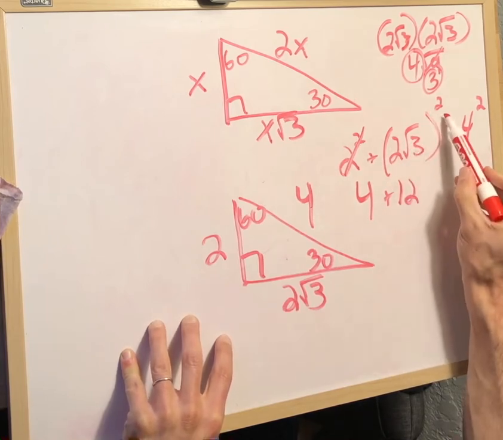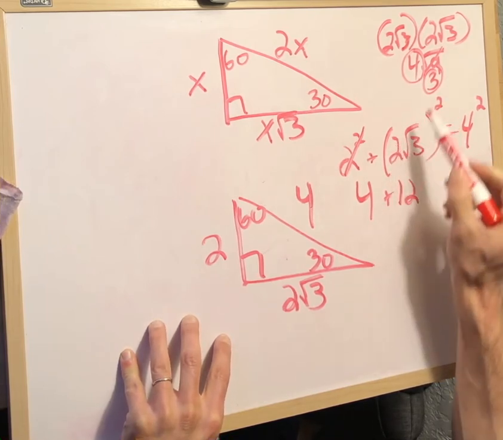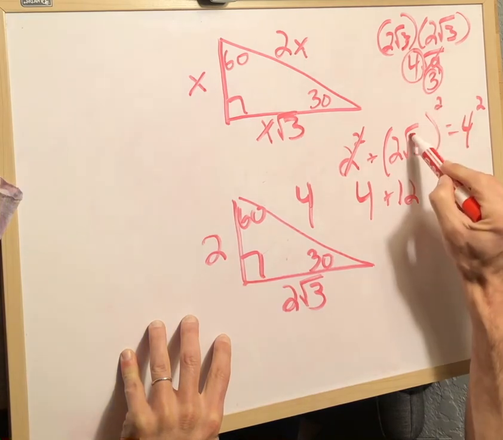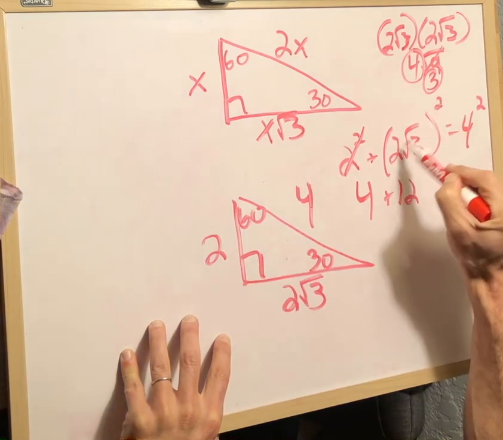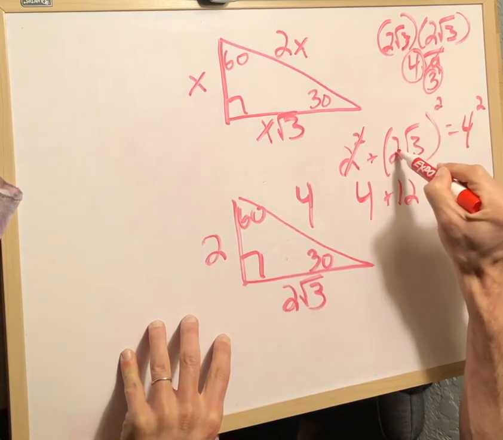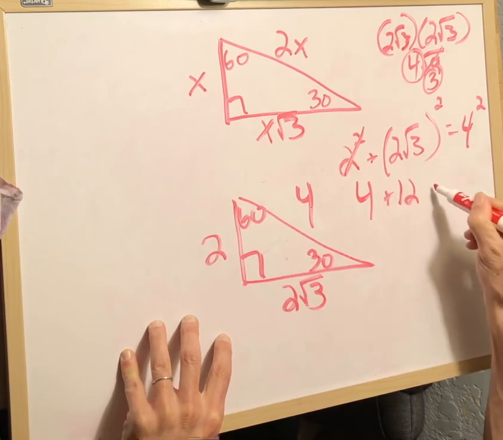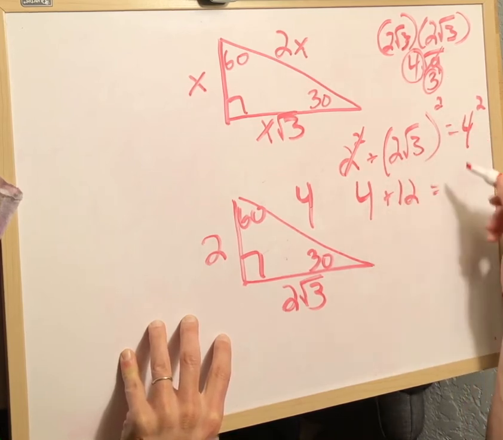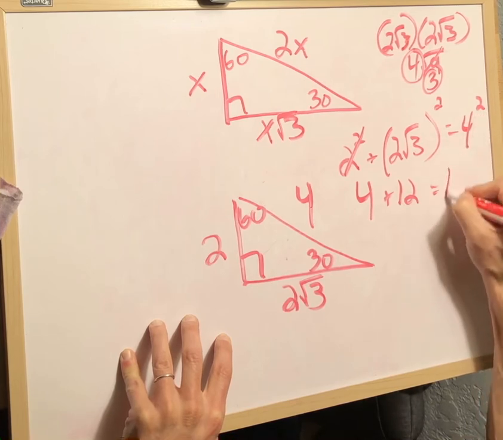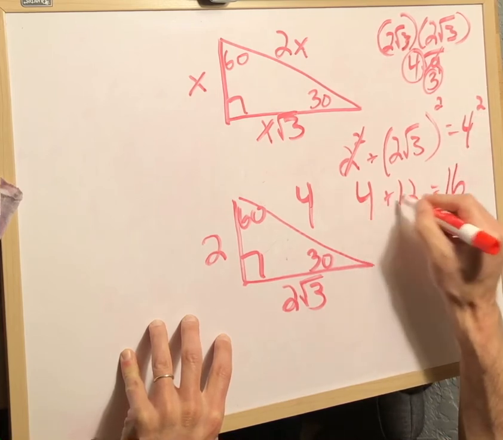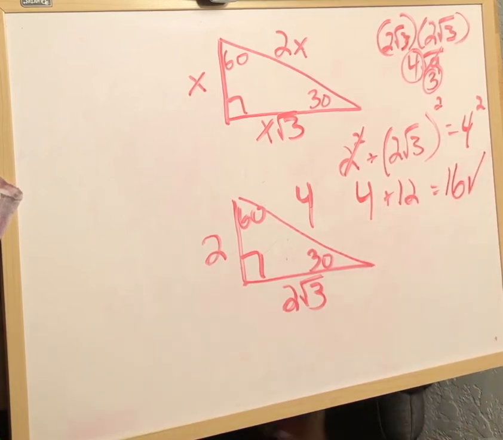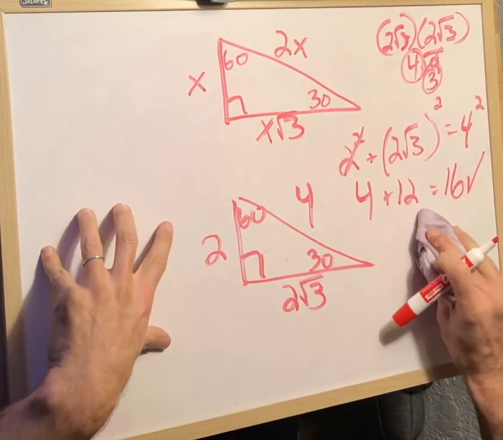Or you could just square the 2 to get 4. When you square a root, it cancels out the root and you're left with just the number inside. So 4 times 3 is 12, no matter how you do it. This was from last year, that's why I went over it kind of quickly. It equals 4 squared, which is 16. 4 plus 12 does equal 16. It works out. The Pythagorean theorem will always work out as long as these are done correctly.